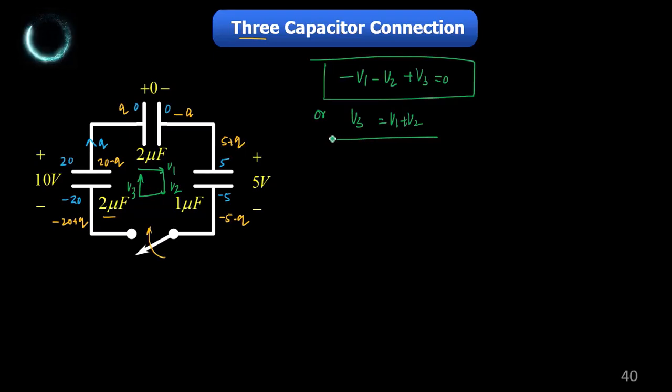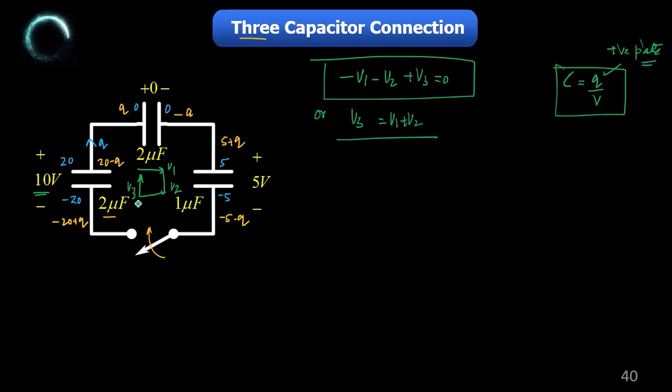Now V3 is the potential difference across the third capacitor. Whenever I write C equals Q by V, the basic equation for the capacitance of a parallel plate capacitor, the Q should be the charge on the positive plate. This is the concept you should remember.